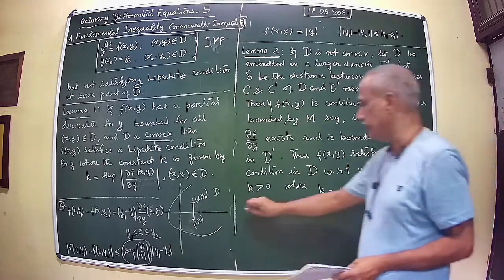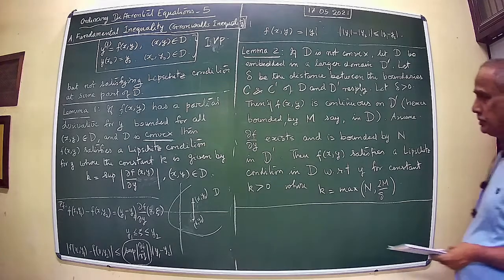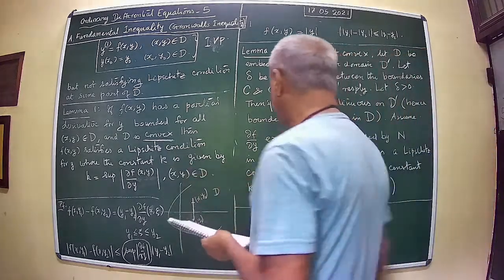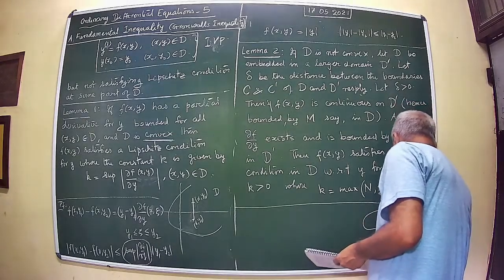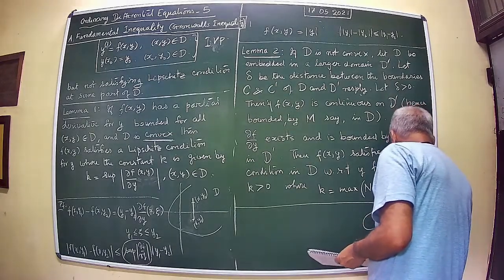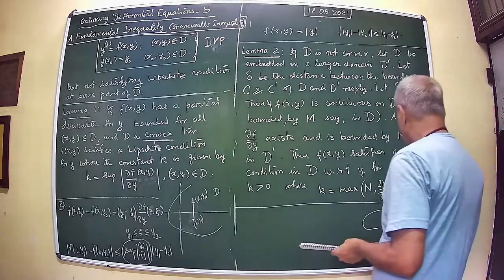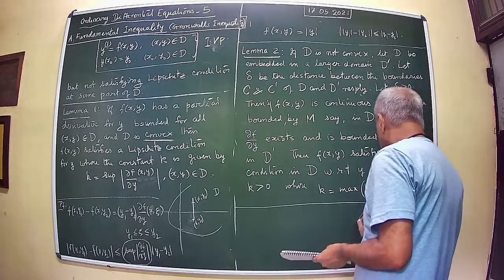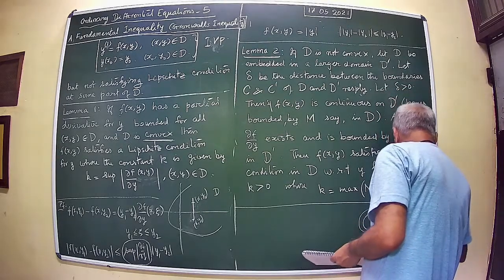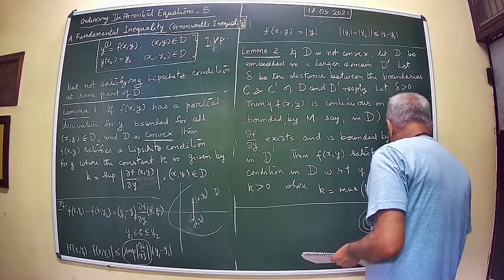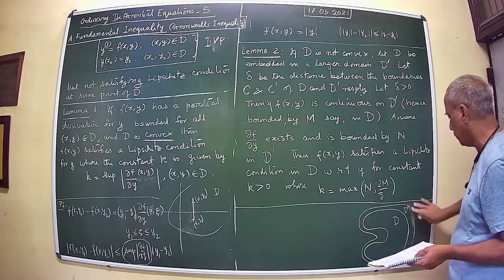So the problem is this: we are now dropping the assumption that D is convex. So let us take a situation something like this. Suppose D is something like this. Now suppose this is embedded in a domain D prime, and D prime need not be bounded also.